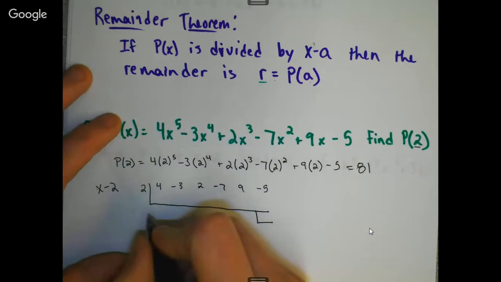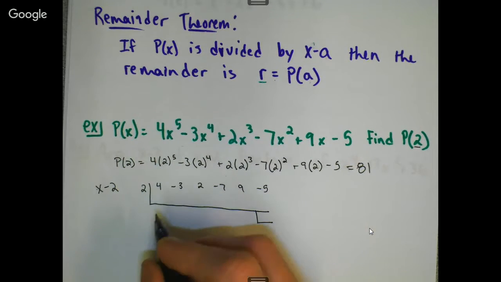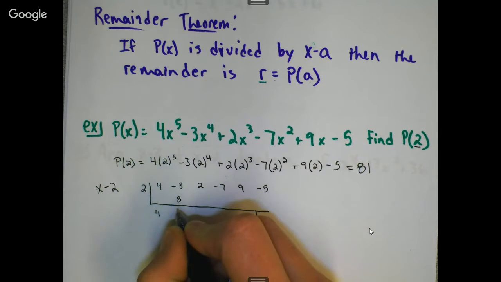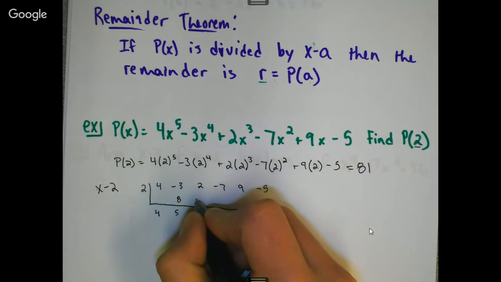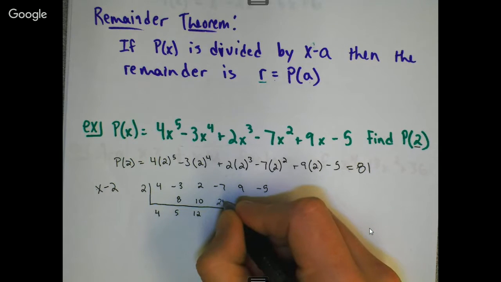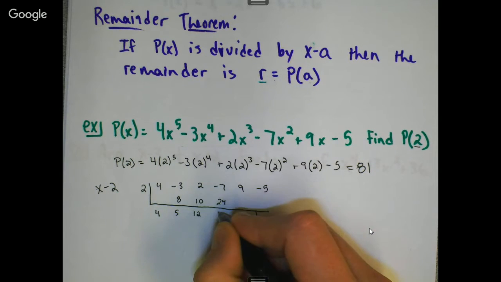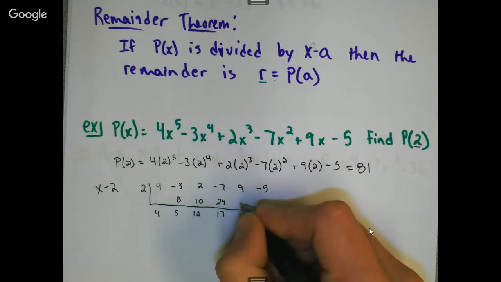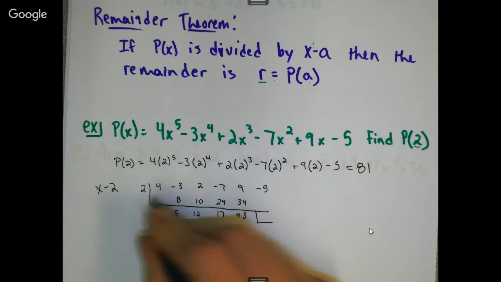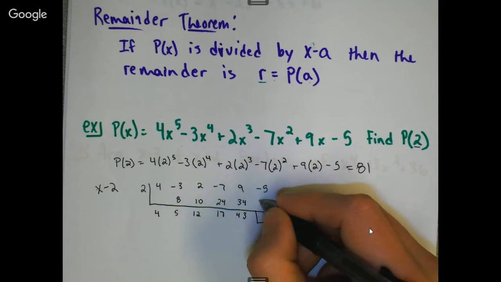So I will bring down my 4. I will multiply, I will add. I will multiply, I will add straight down. I will take 2 times 12, get 24. I will add down, get 17. I will multiply and get 34. I'll add and get 43. Multiply 2 times 43 and get 86.